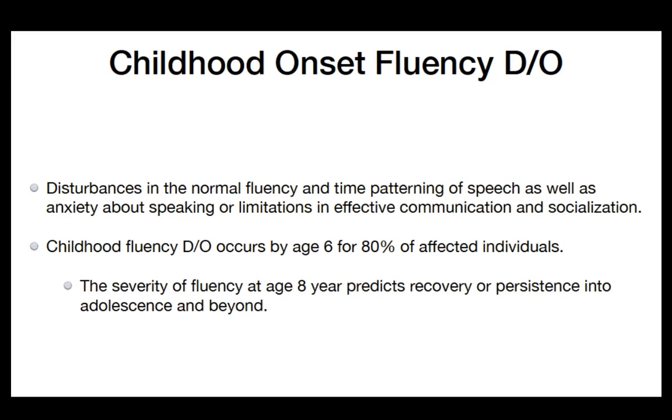Now, moving forward with childhood onset fluency disorder, which is the third on the list for communication disorders. Childhood onset fluency disorder, or labeled or categorized as stuttering, are disturbances in the normal fluency and time patterning of speech, as well as anxiety about speaking or limitations in effective communication and socialization.